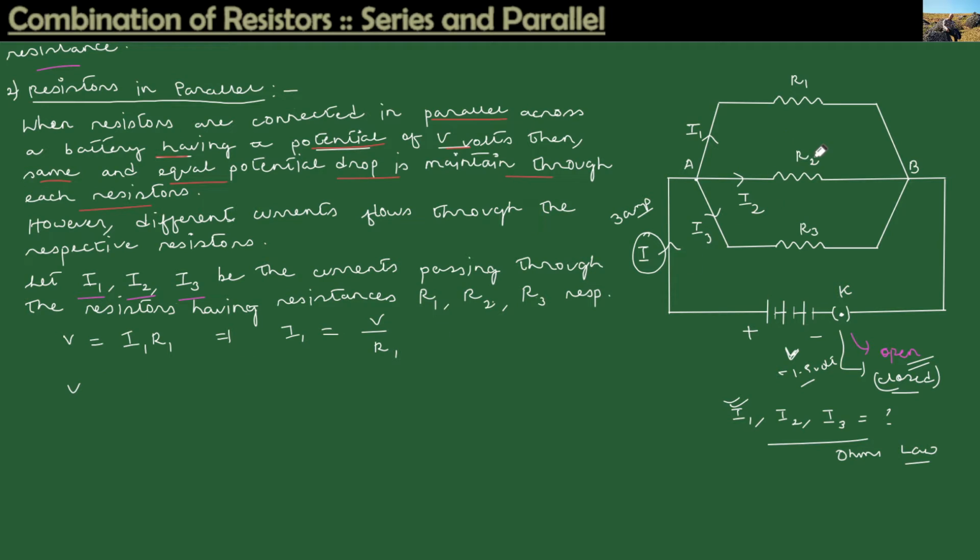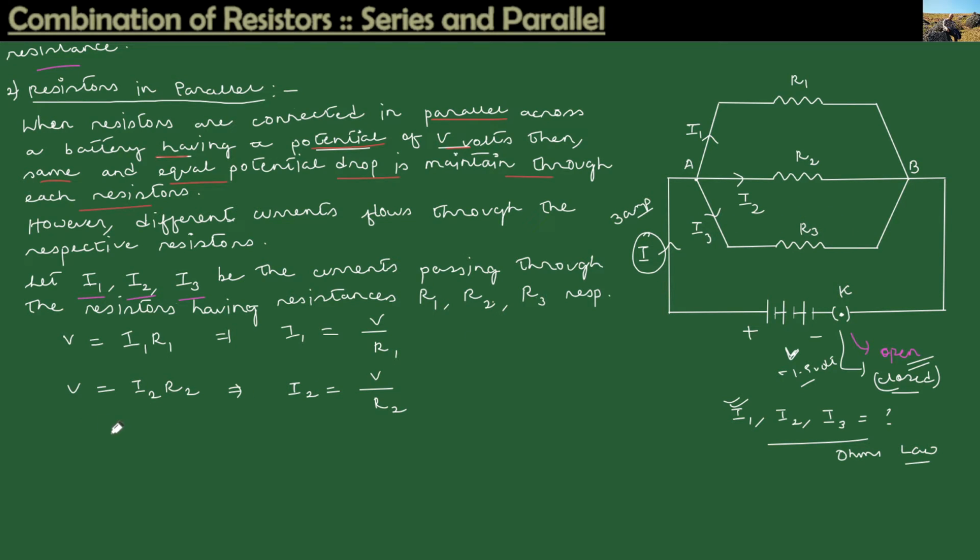Similarly, the voltage drop across R2 will be the product of current and resistance, I2 into R2. So this I2 will be equal to V divided by R2.